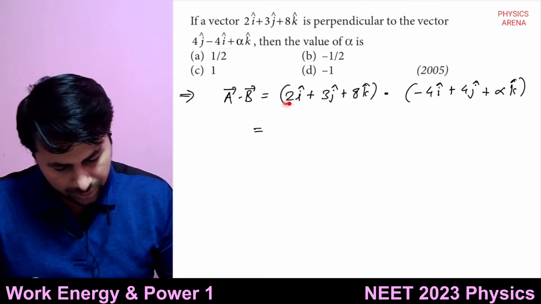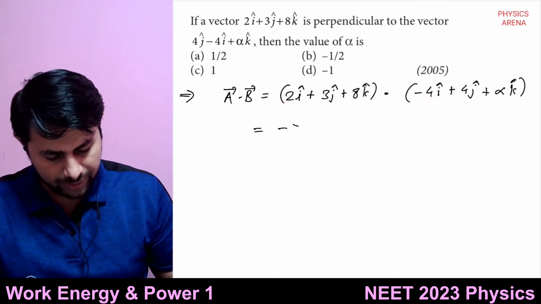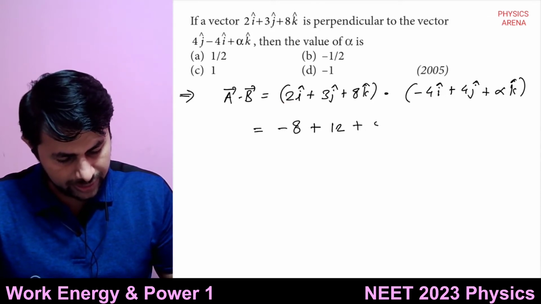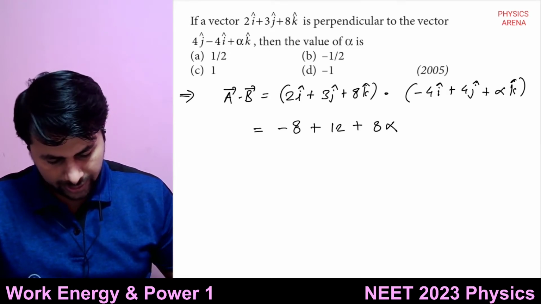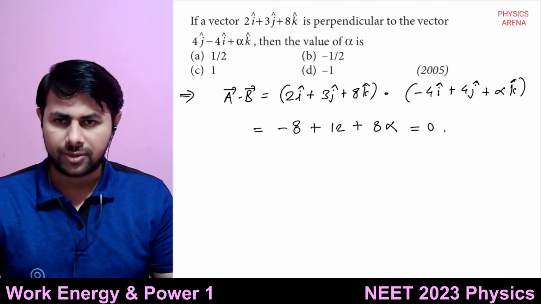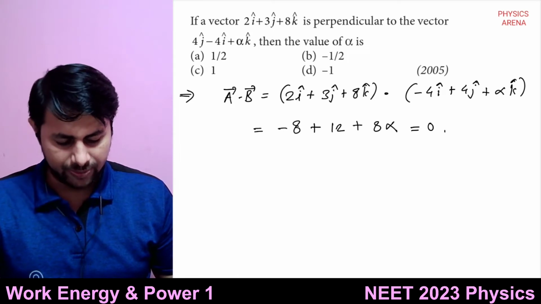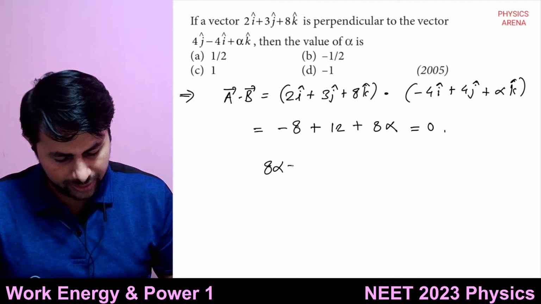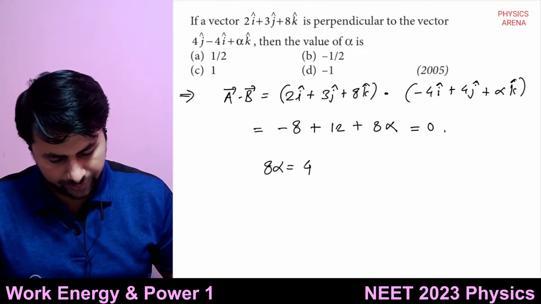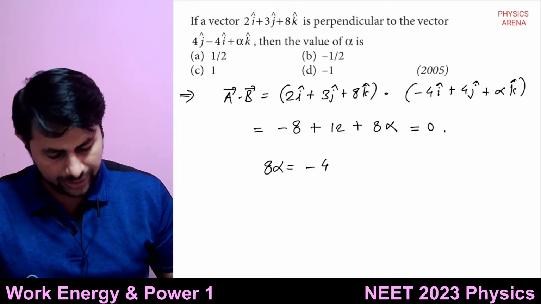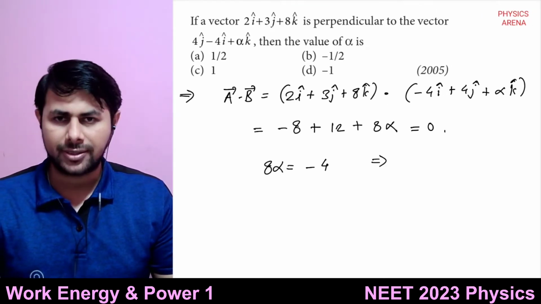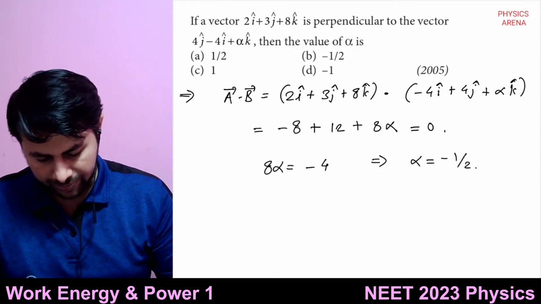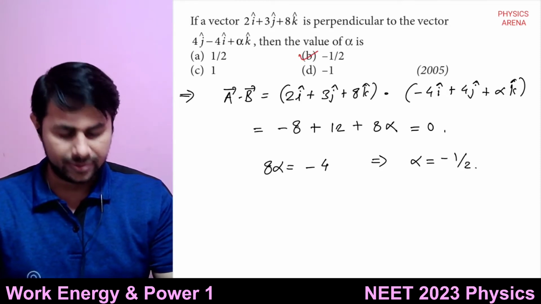So it is 2 times minus 4, that's minus 8, plus 3 times 4 is 12, plus 8 times alpha, and if they are perpendicular, this is equal to 0. So 12 minus 8 is 4. Take that 4 on the other side. So 8 alpha equals minus 4, and therefore alpha is equal to minus 1 by 2. Very simple. Option B is the answer.